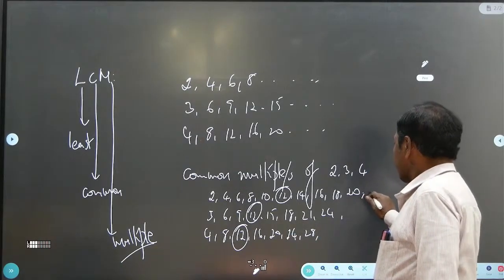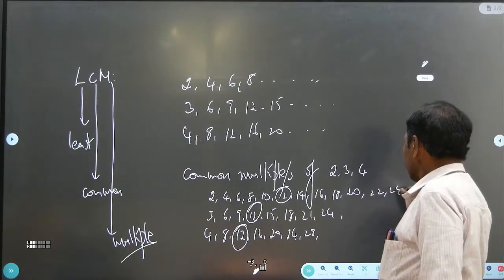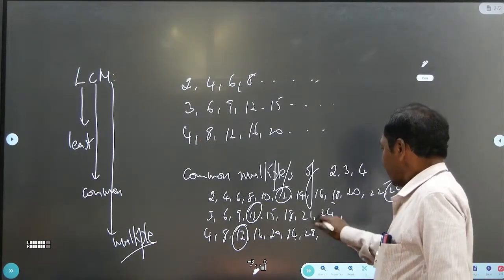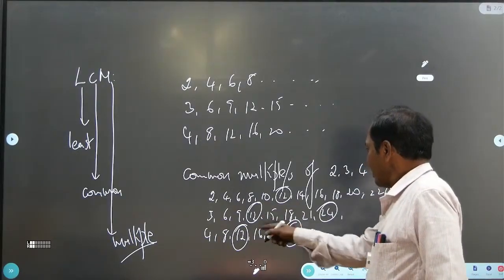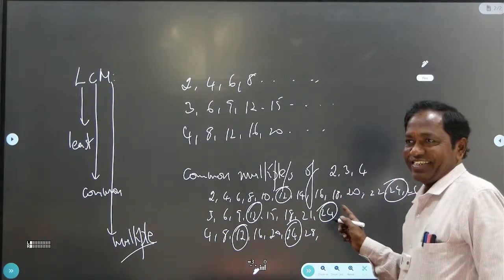Again, if you take 22, 24, 26, 24, 12, multiples of 12, 24. See that?